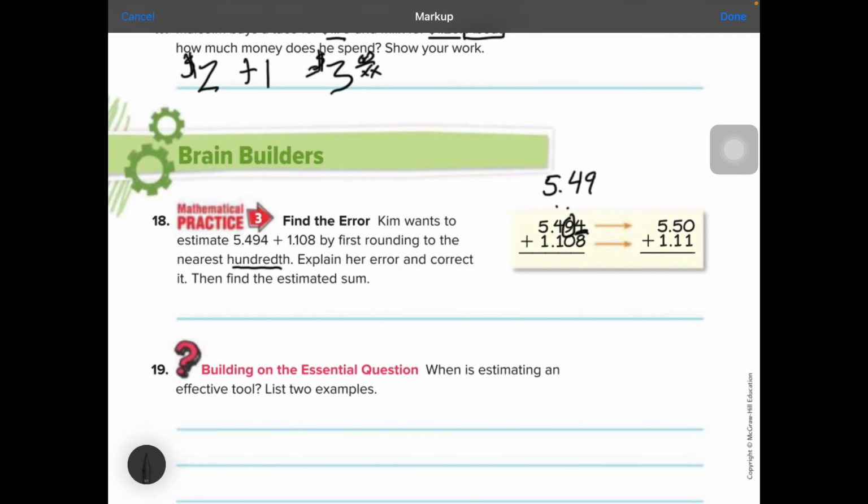So what she should have done was 5.49. Then the nearest hundredth here, this is going to be her target, and that's going to change it. So it'd be 1.1, and then the 0 would change to a 1 because of that 8. So this is the correct problem that she should have added together. 9 plus 1 is 10. 4, 5, 6, 6 should be the correct answer.